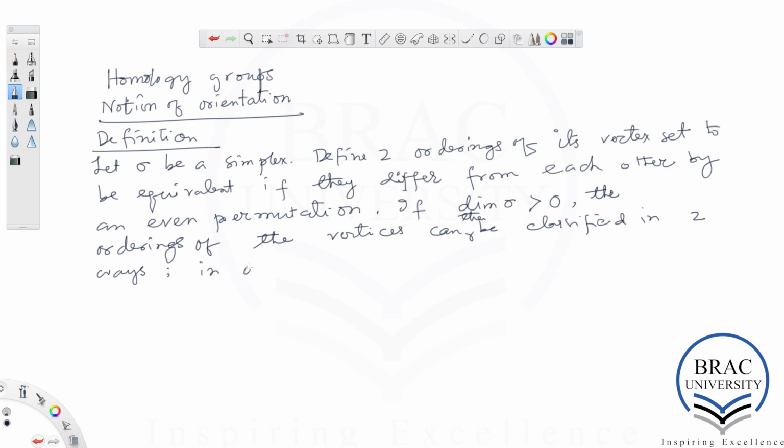Which means that there are two equivalence classes.